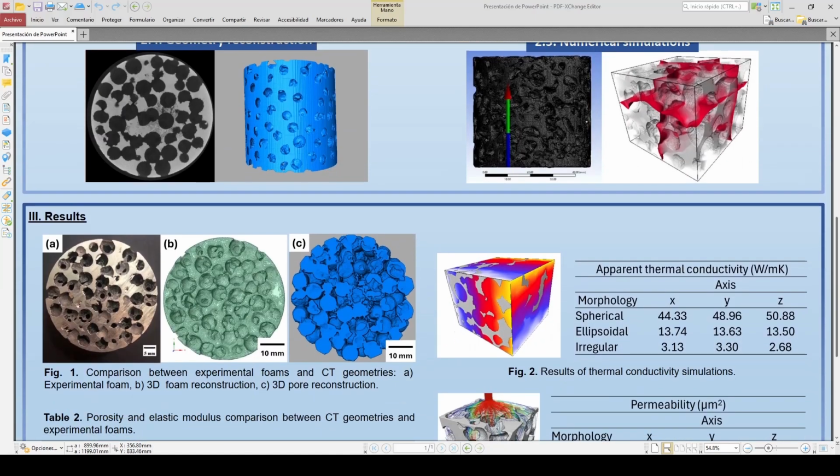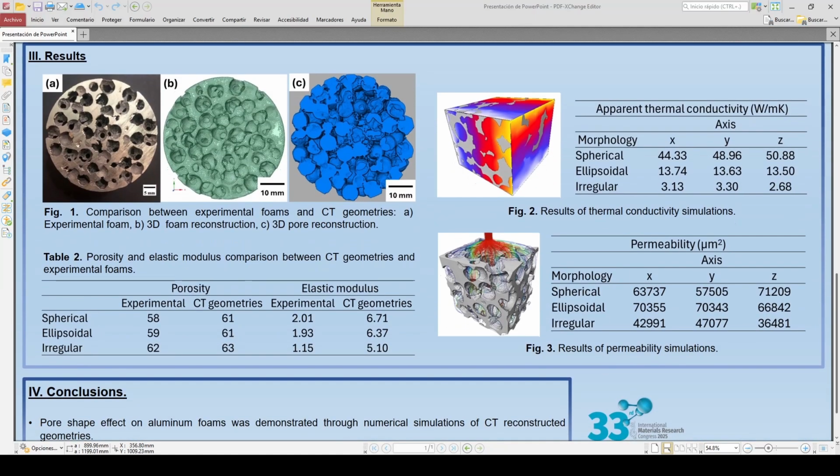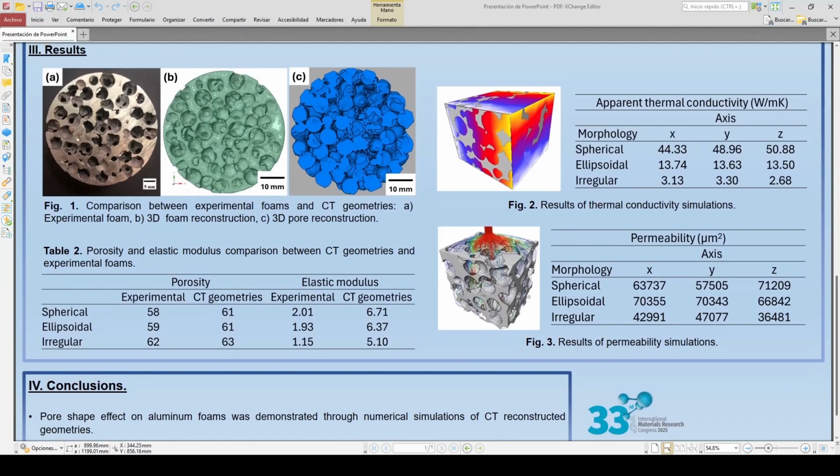Now, moving on to the results section, we're going to start with the computed tomography reconstruction. As you can see in figure 1, the accuracy in capturing the structural characteristics was very high in both cases for metal matrix and pore space of the experimental foams.